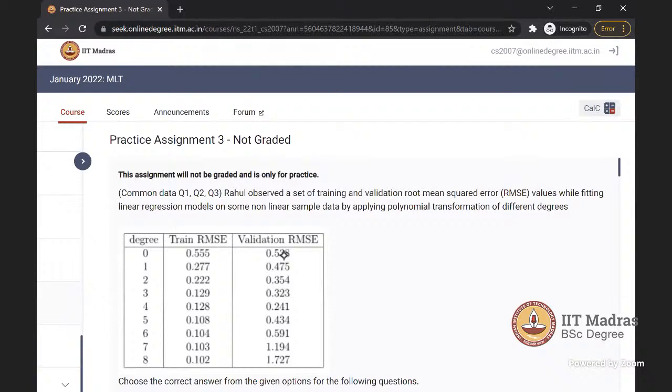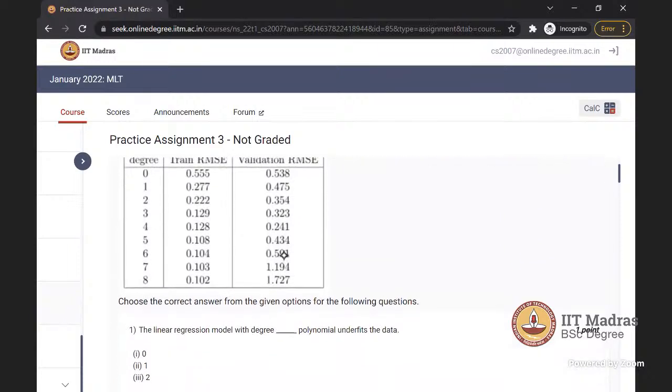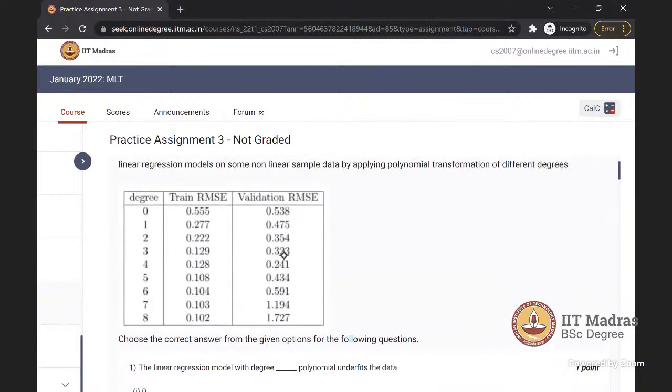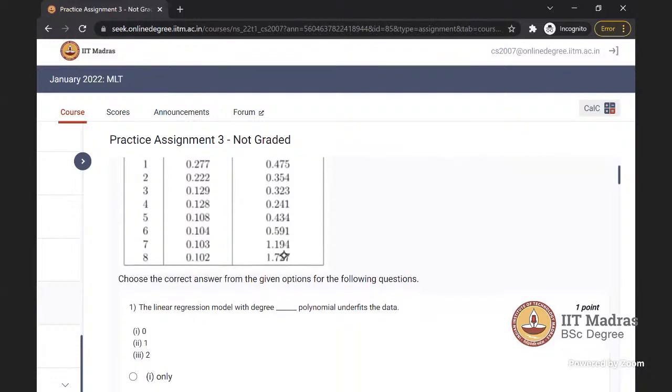Rahul observed a set of training and validation root mean squared error values while fitting linear regression models on non-linear sample data by applying polynomial transformation of different degrees. Okay, so in this table we have 3 columns. One is the degree, second is training error, the third one is validation error. Now let's go to question number 1.